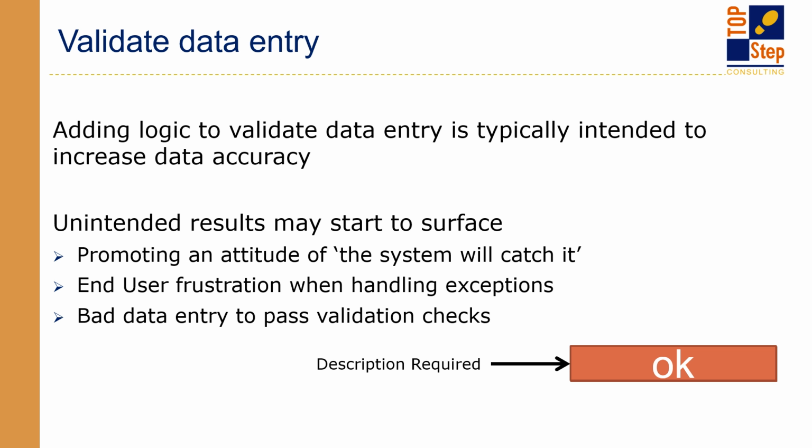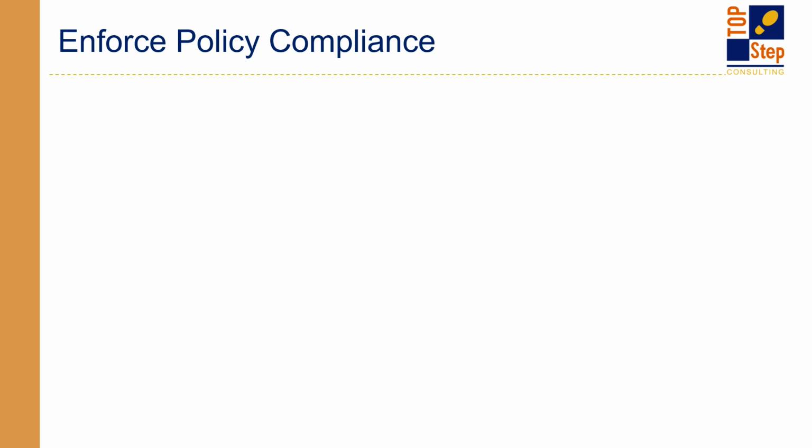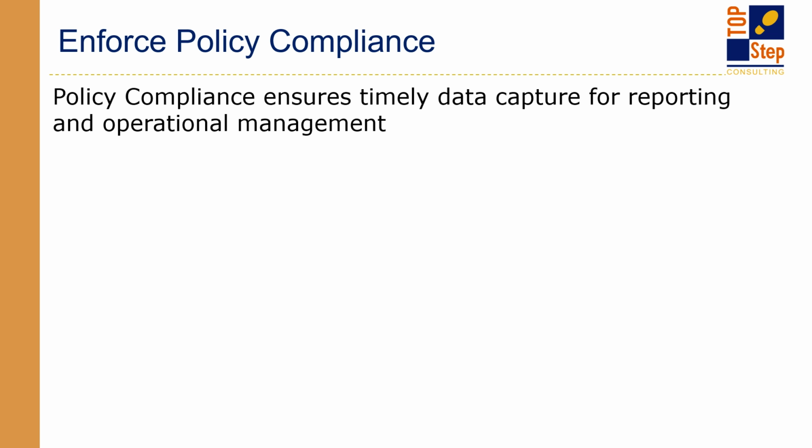The other thing is to enforce policy compliance. So policy compliance ensures timely data capture for reporting and operational management. The other thing that it does is it pushes off data. Sometimes compliance is needed in order to trigger other things coming down the pike.